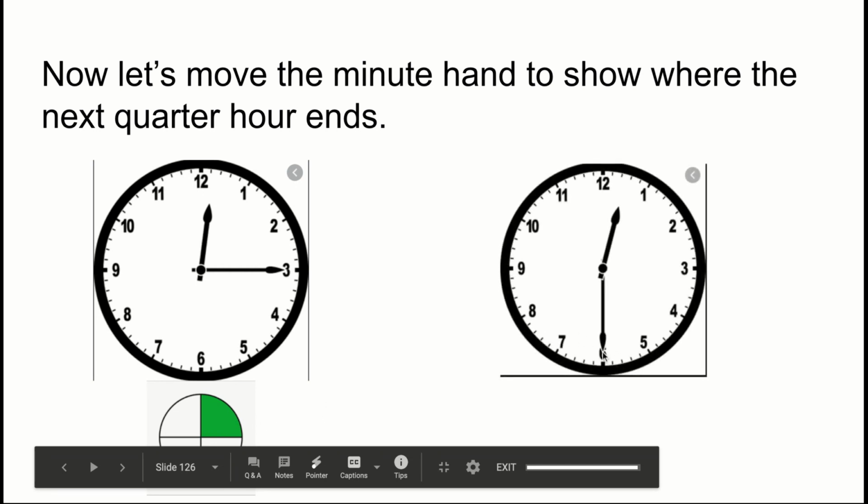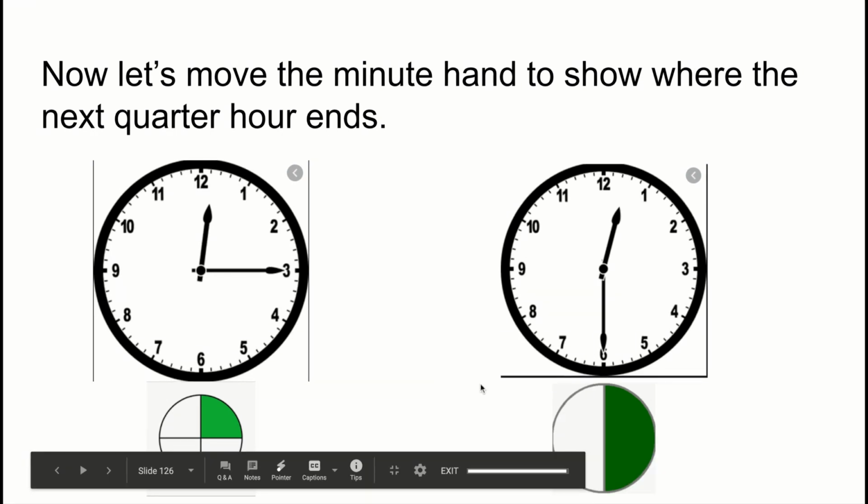The minute hand would move to the 6, so that it shows half an hour. Let me make sure you can see that. See how the full half is colored in? That's why we say that it's half an hour.